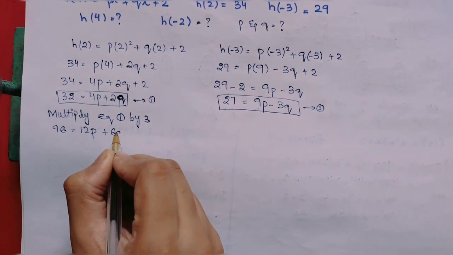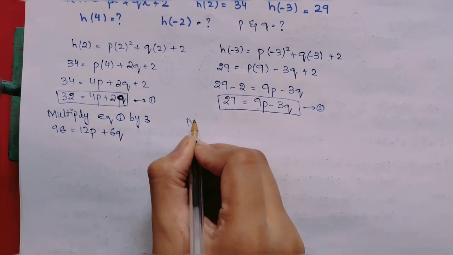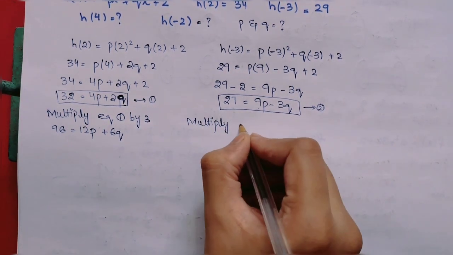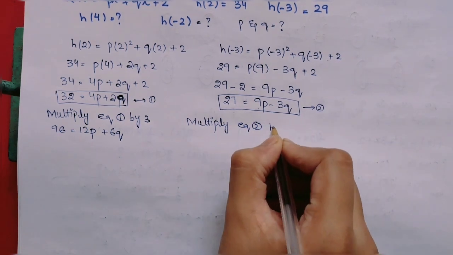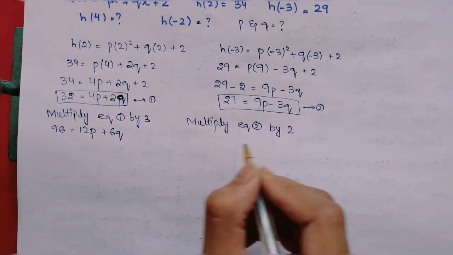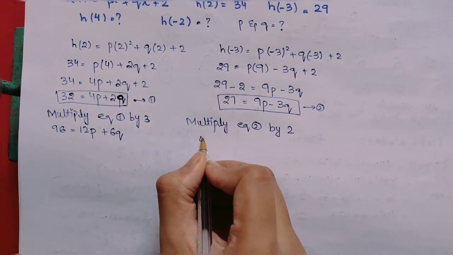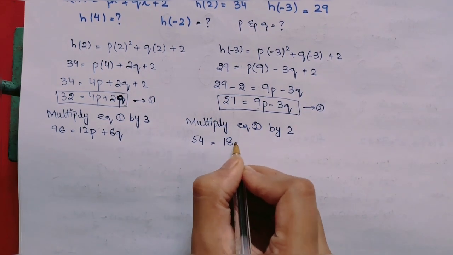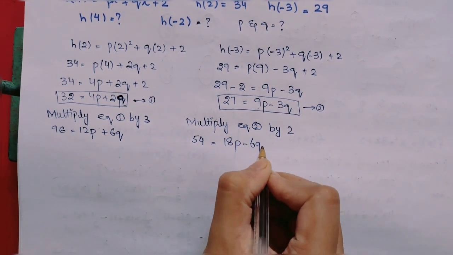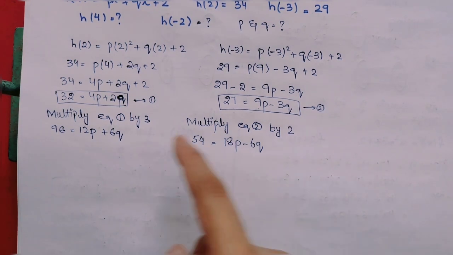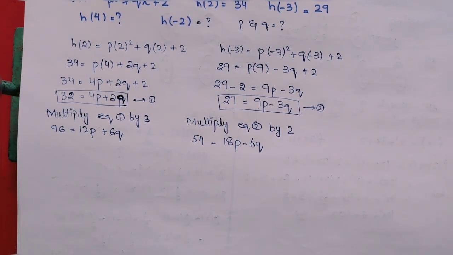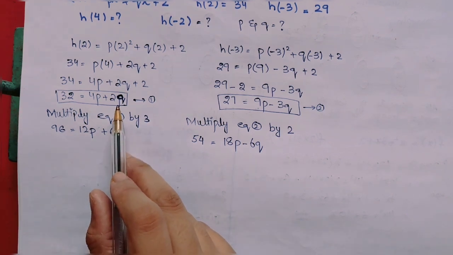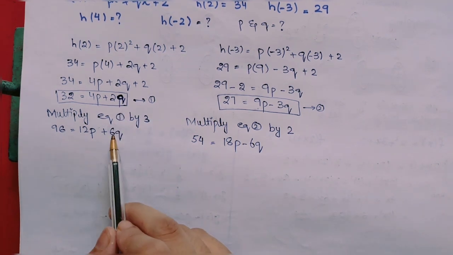It becomes this, and when we multiply equation 2 by 2, it becomes this. Why do we multiply by 2 and 3? To make the coefficient of any variable the same. I am making the coefficient of q equal.